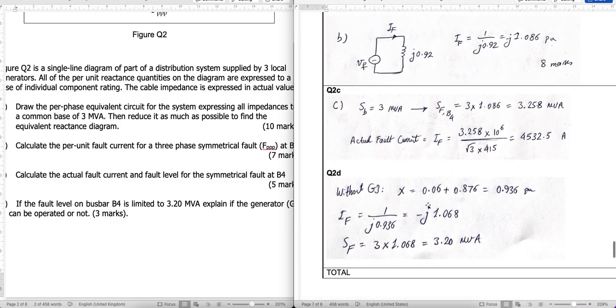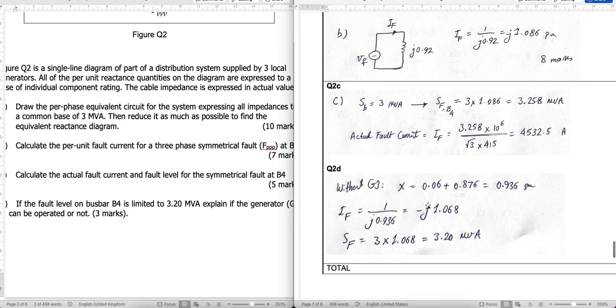We can see the other one here, you see, 3.25. This 3.25 is for the complete case where you had G3 as well. Correct? Because you got this one when you included G3. When you included G3, the fault level was 3.25, even 26, which is greater than 3.20 MVA, the tolerance of this bus bar.